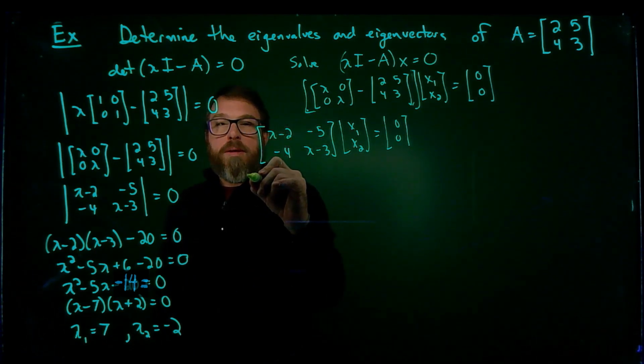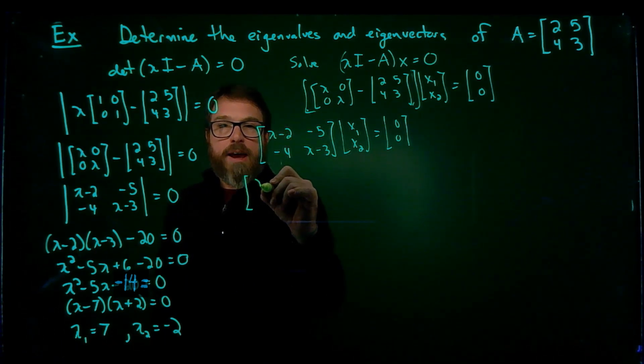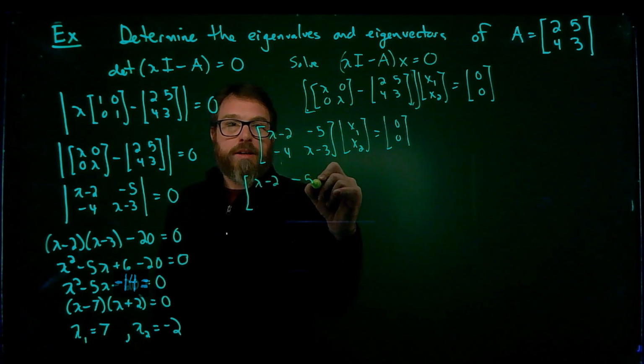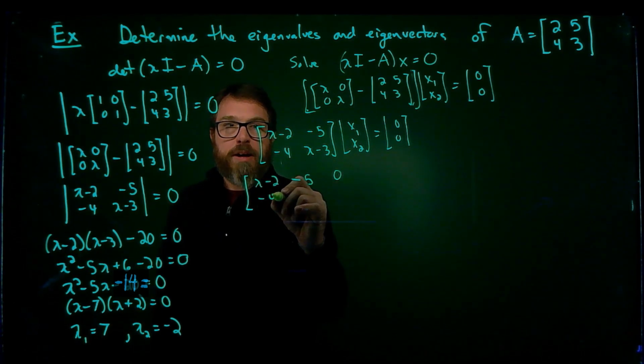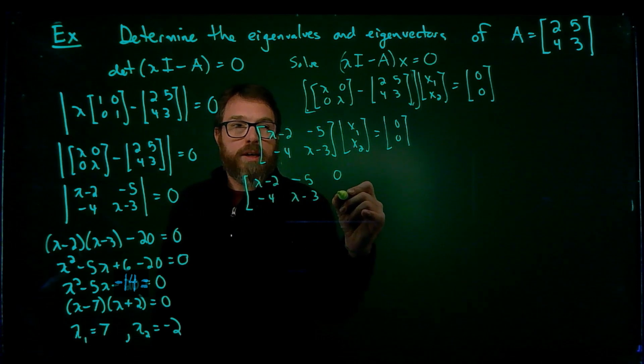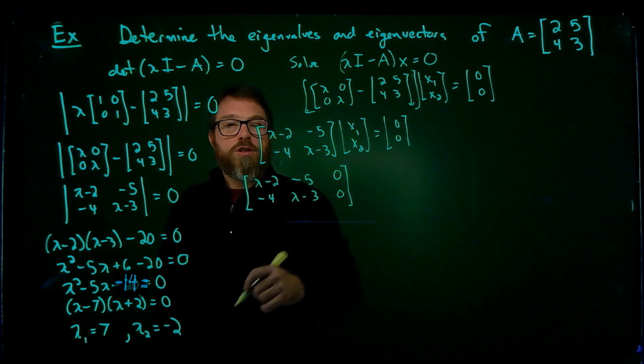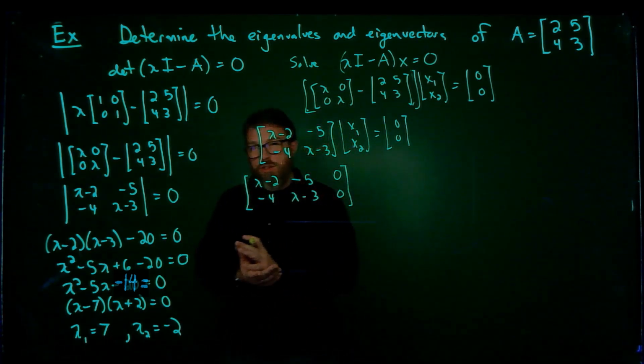So in augmented matrix form, it'll help me row reduce. I'm going to have lambda minus 2, minus 5 here, 0, and then minus 4, lambda minus 3, and then 0 here.